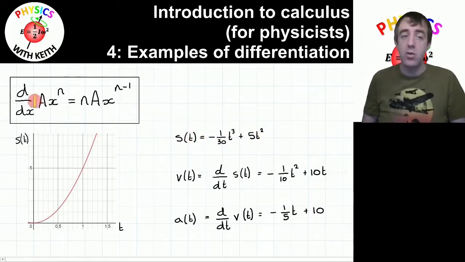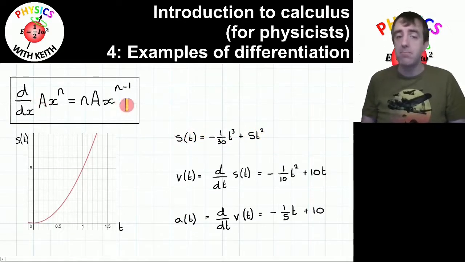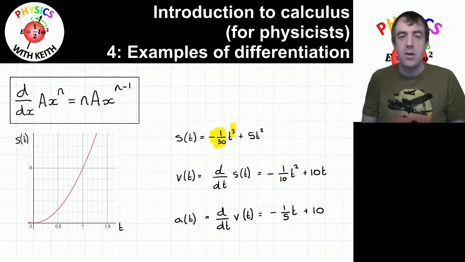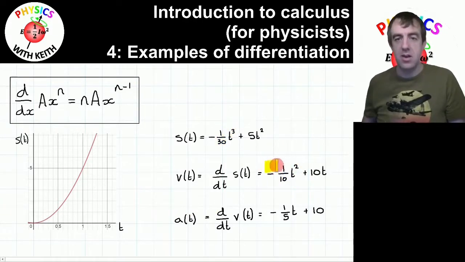So we use the rule that we looked at in the last video. Now, we're going to multiply this coefficient here by the power, and then we're going to reduce the power. And that gives us 3 multiplied by 1/30 is 1/10, and then the 3 reduces to a 2. So that's how we get this term here.